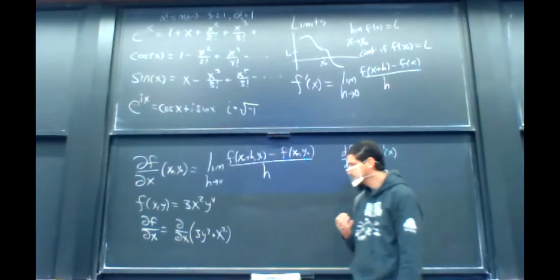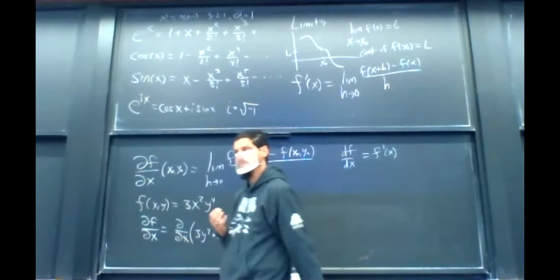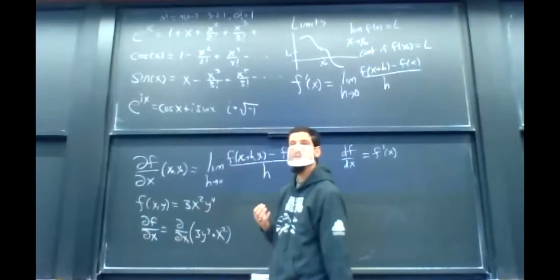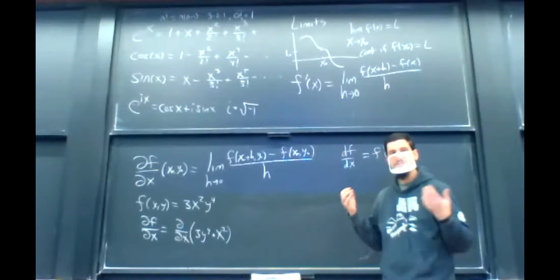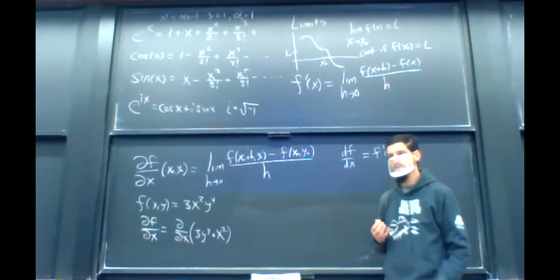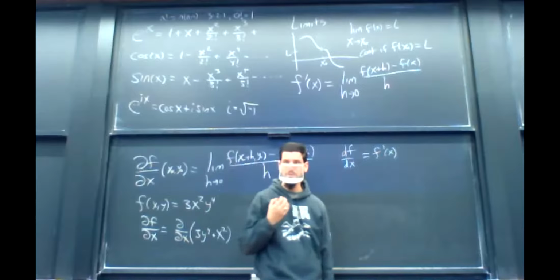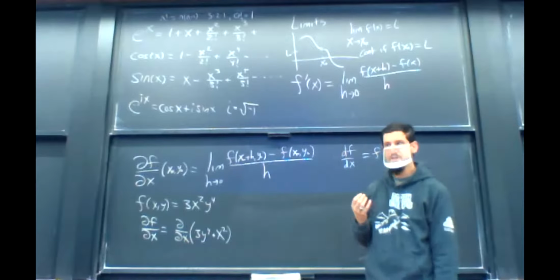And so what would the derivative of x squared be with respect to x? It would just be 2x. So what's the derivative of c times x squared? If I give you c times x squared, the derivative with respect to x is just 2cx.